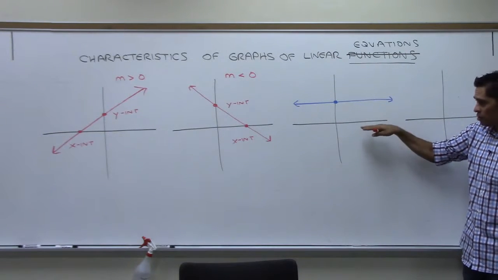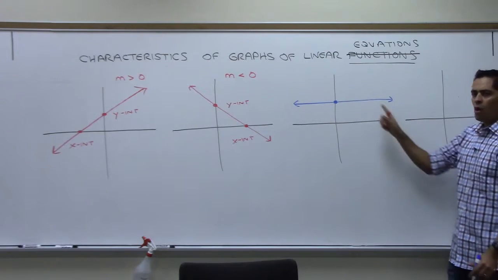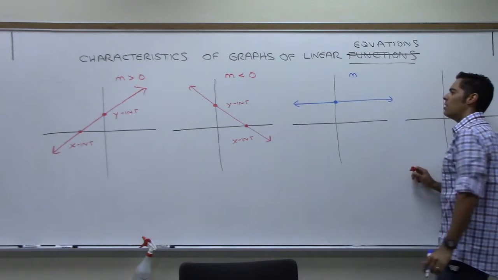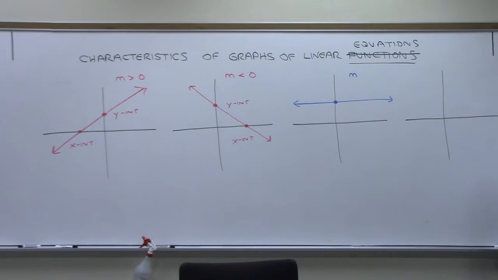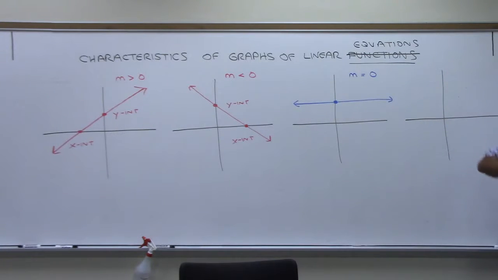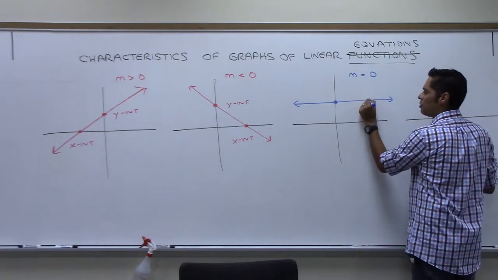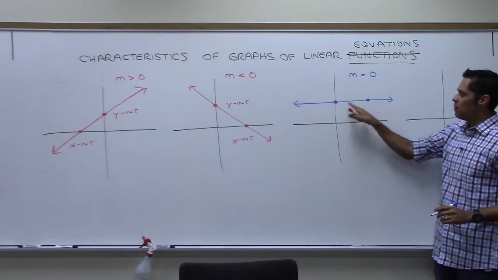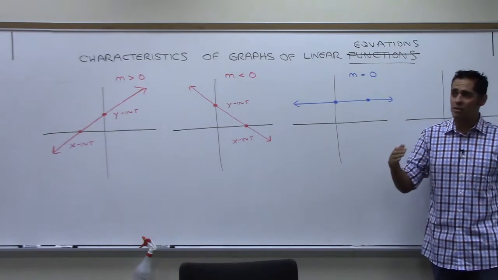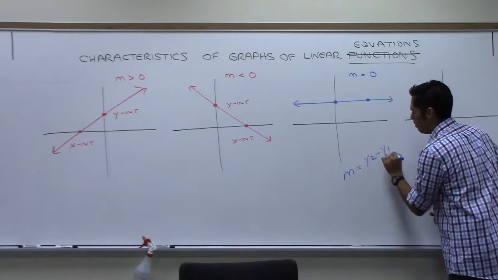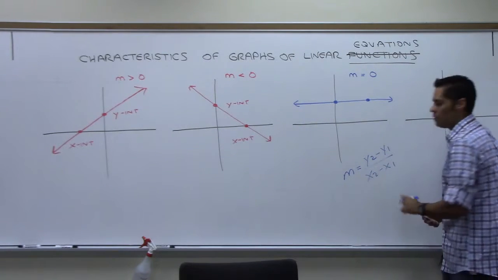But this is a very special line because its slope is very special. The slope of this line, does anyone know what the slope of a horizontal line is? 0. All horizontal lines have a slope of 0. Think about this. If I took 2 points and I said find the slope between those 2 points, you would take y2 minus y1 over x2 minus x1, right?